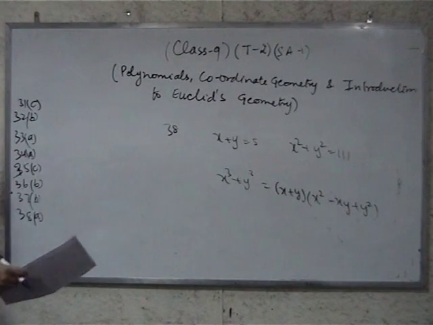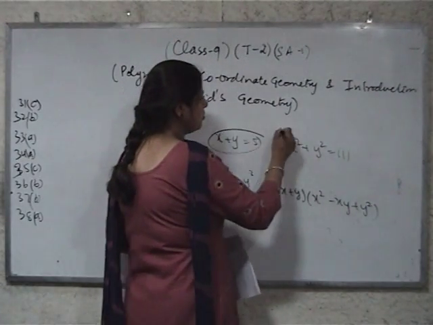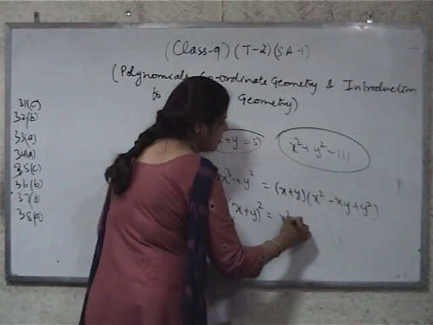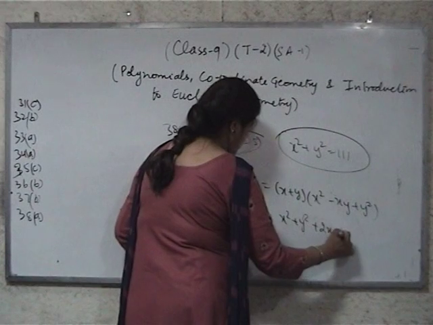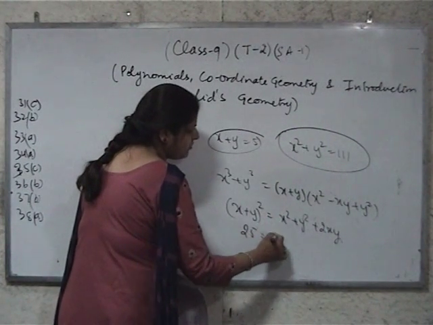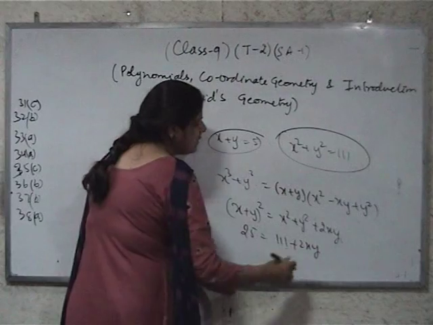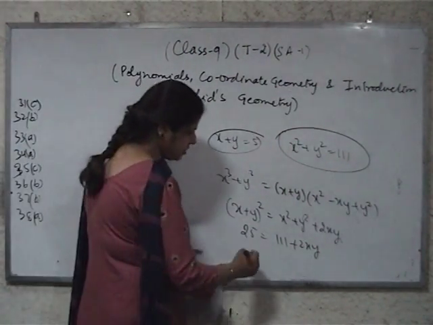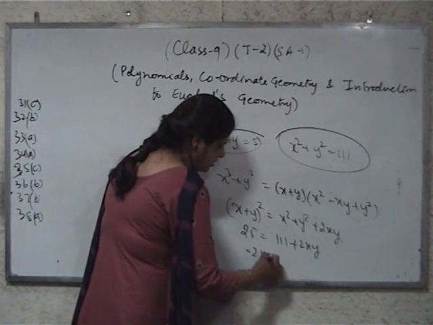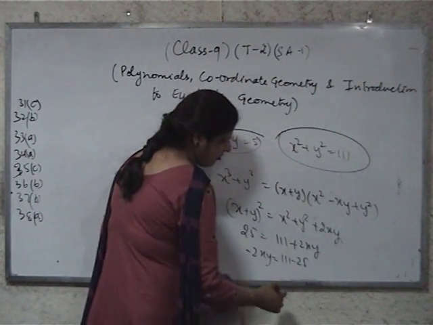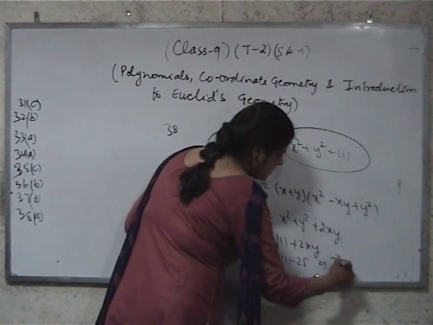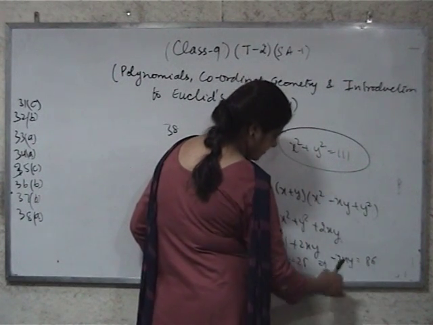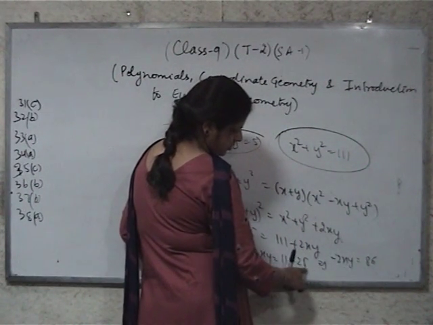What will I do to do that? I have these two things available with me. See, I write (x plus y) whole square as x square plus y square plus 2xy. x plus y is 5, so 25 is equal to 111 plus 2xy. From here I can calculate the value of xy. 2xy is 25 minus 111. This gives me 2xy as minus 86, right?